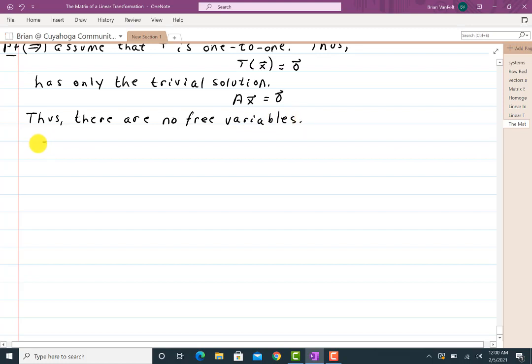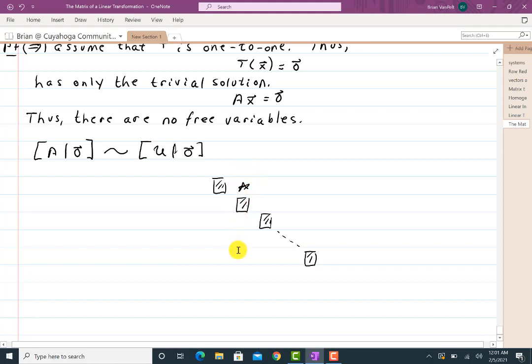So now, if you take [A|0], that augmented matrix, and run through the row operations to arrive at a [U|0], what does that U look like? Well, it has to look like this. When I write my blocks, they have to go down one in a diagonal fashion. Why? Because if any of these were to skip a space, we would have stars and no pivot, and that would mean we'd have free variables.